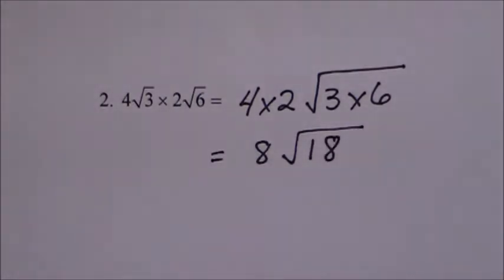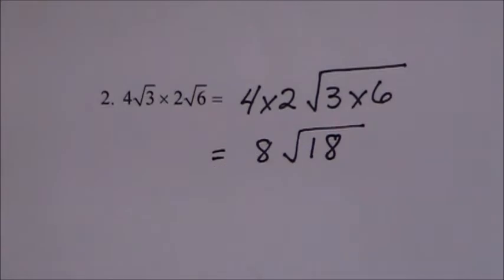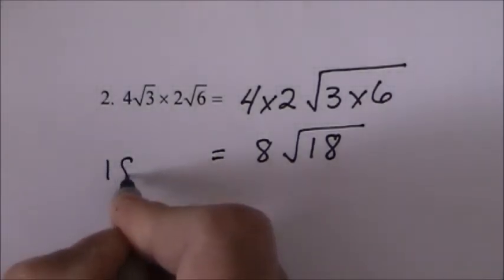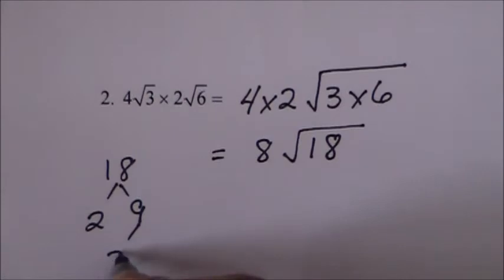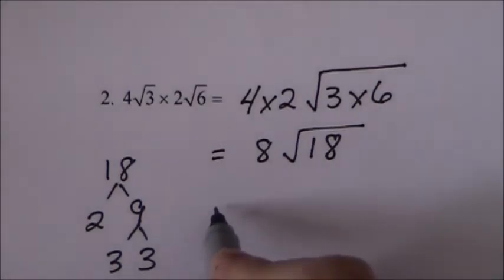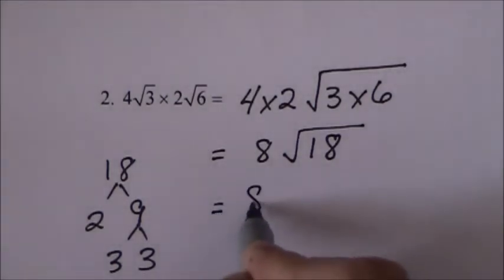Now, just like fractions, we always need to reduce our radicals if at all possible. So if we took a look at this, 18 is 2 times 9. 9 is 3 times 3. We have some repeating prime factors, so it looks like it is possible to simplify.